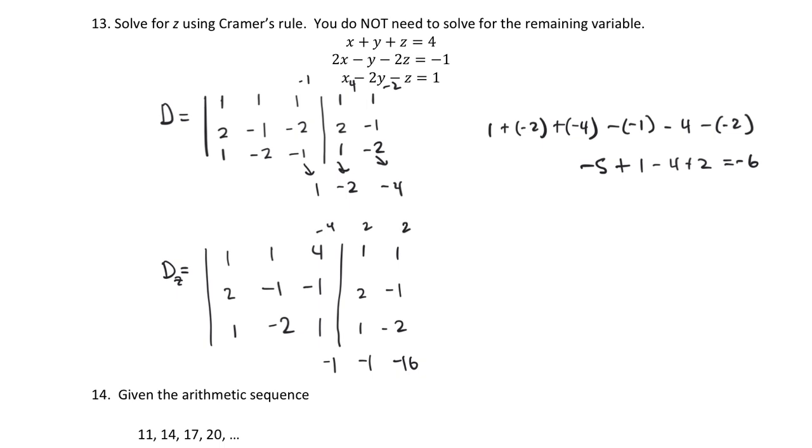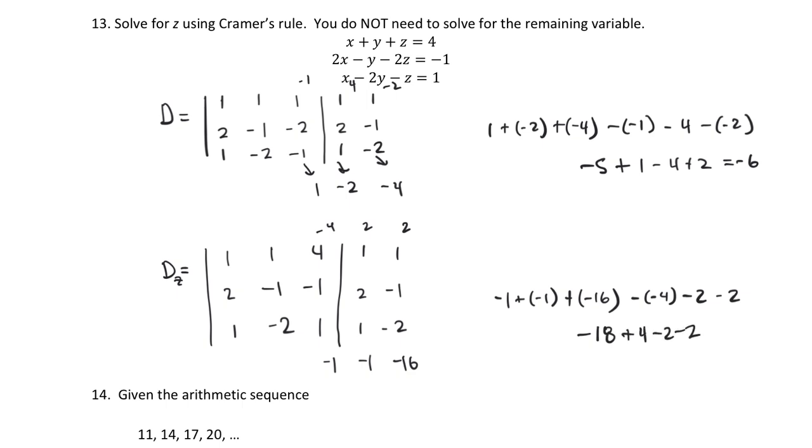So remember, these numbers add. So -1 plus -1 plus 16. These numbers subtract. So subtract -4, subtract 2, and subtract 2. So -1 plus -1 is -2 plus -16 is -18 plus 4 minus 2 minus 2.